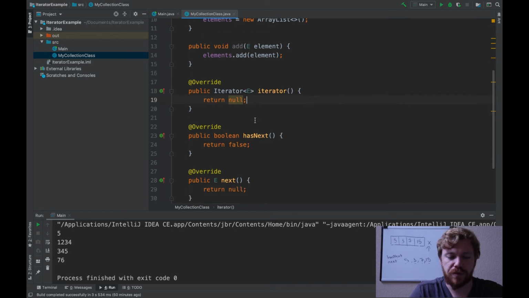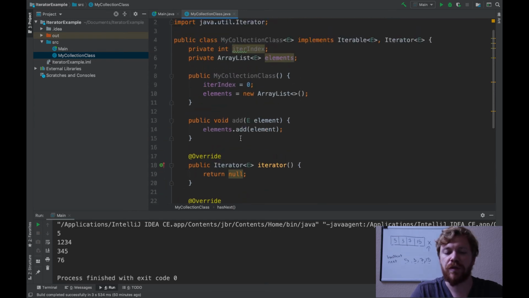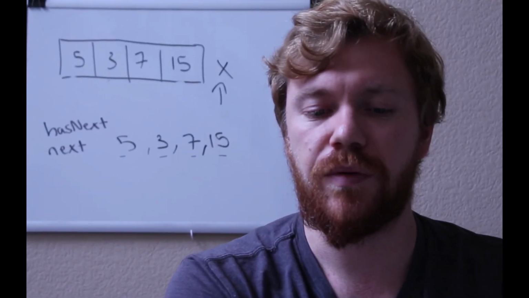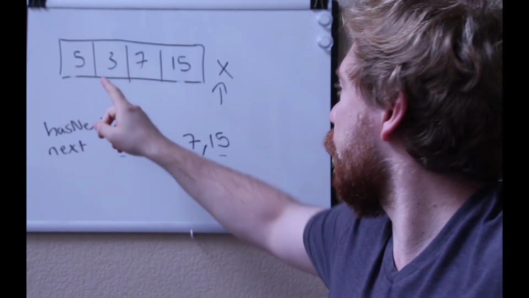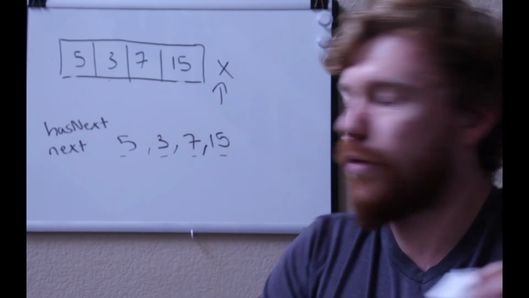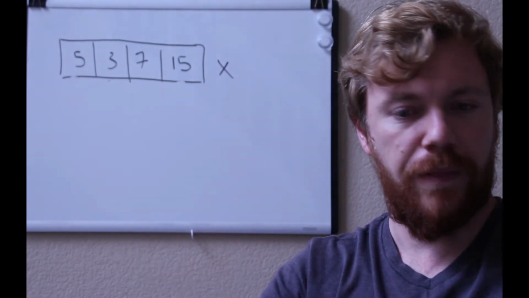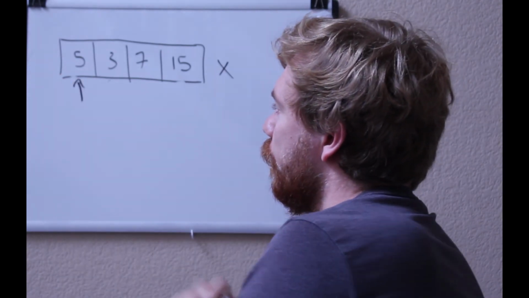Okay, and so now we want to use our iterIndex in conjunction with the number of elements, which we could get using the size method. And this will determine if there's another element available. For example, if we look at the board here, if iterIndex starts at 0, it's referencing this element.